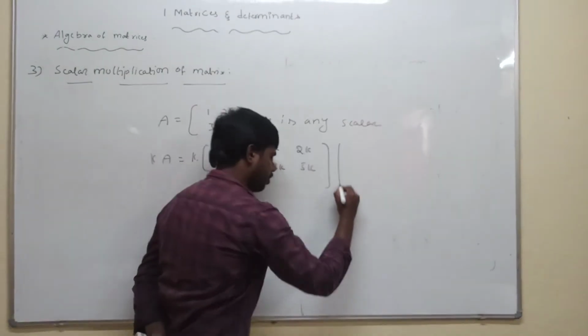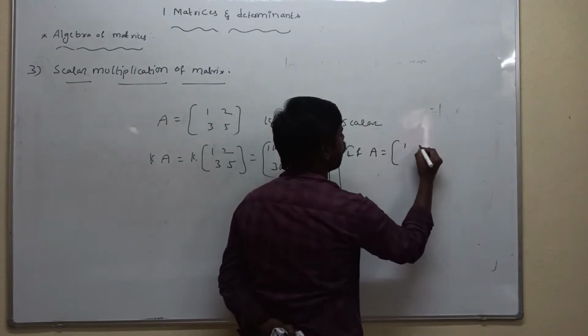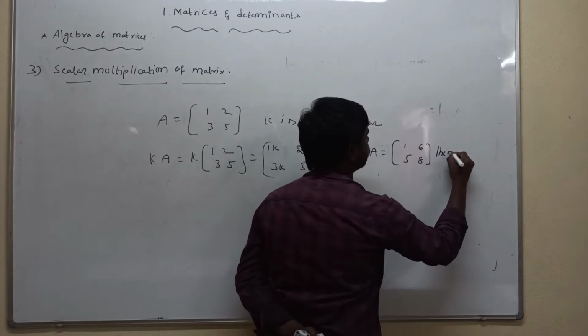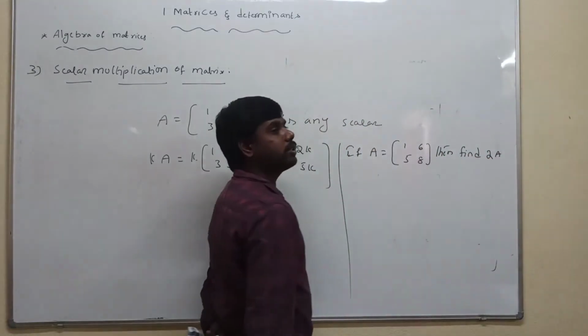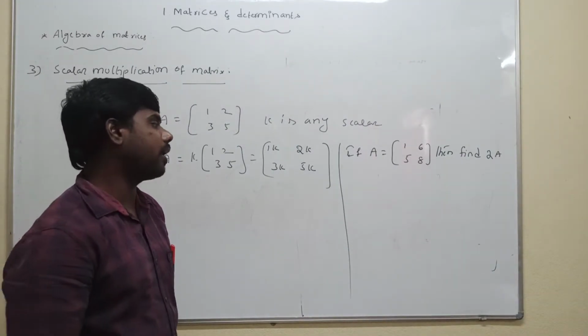For example, if A is the matrix 1, 6, 5, 8, then find 2A. Here 2 is the scalar.